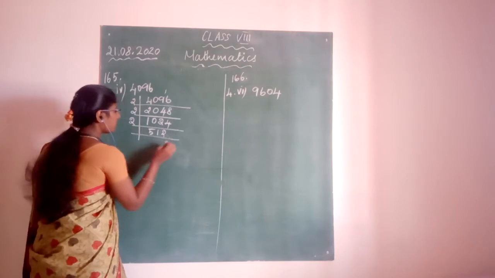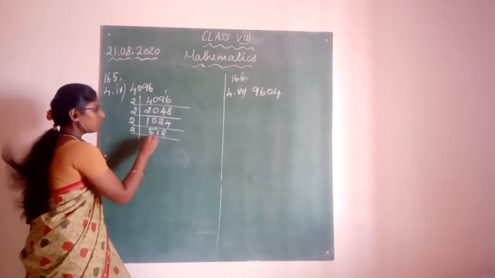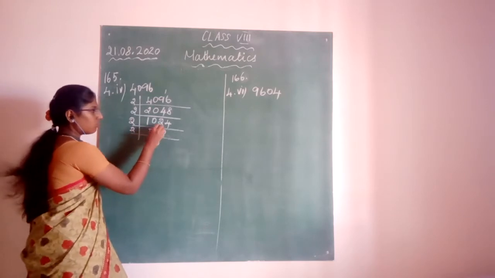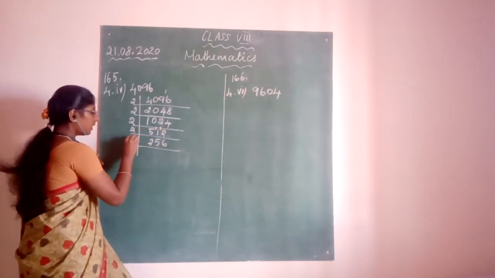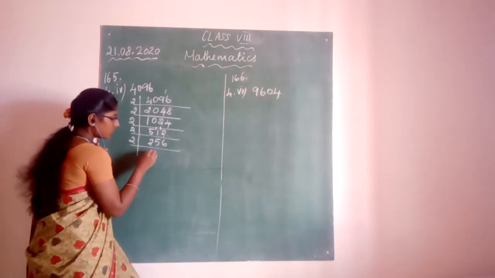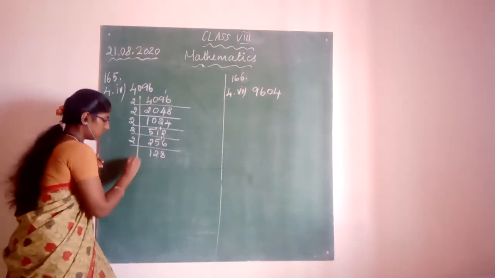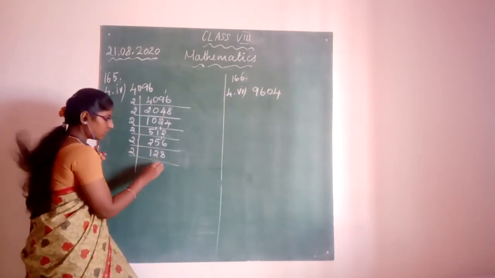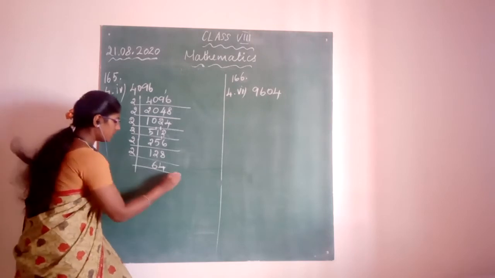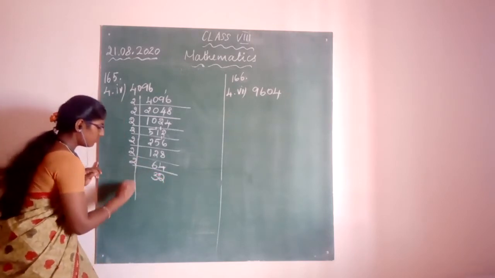Then 2 table. 2 2s are 4, 1 remaining. 2 5s are 10, 1 remaining. 2 6s are 12. Okay, then you have 2 table. 2 1s are 2, 2 2s are 4, 1 remaining. 2 8s are 16. Next 2 6s are 12, 2 4s are 8. 2 3s are 6, 2 2s are 4.